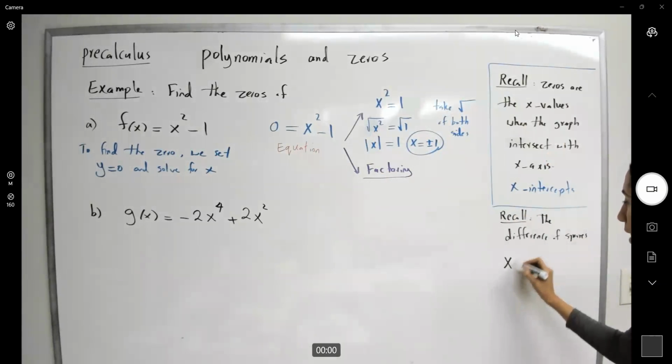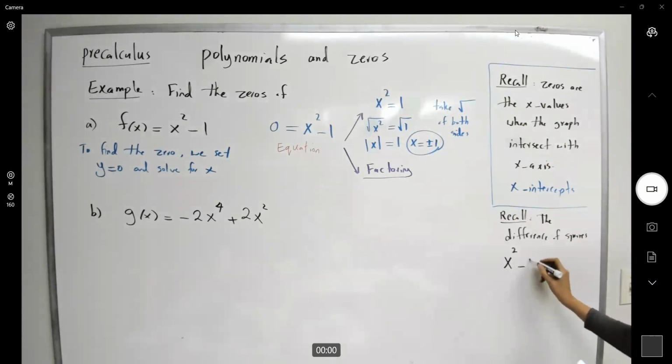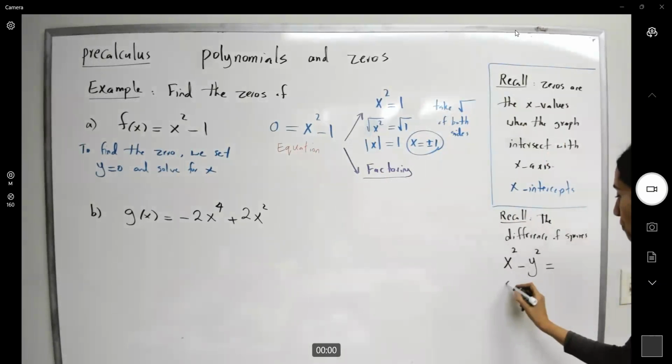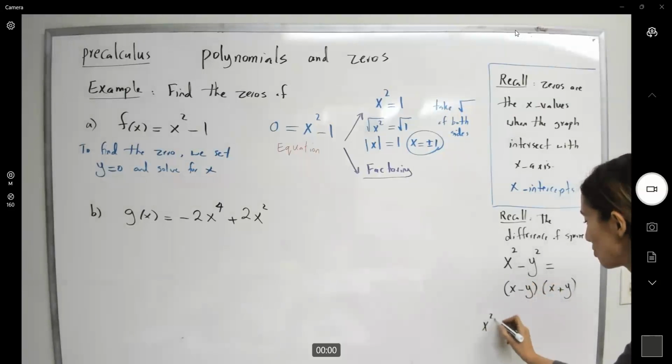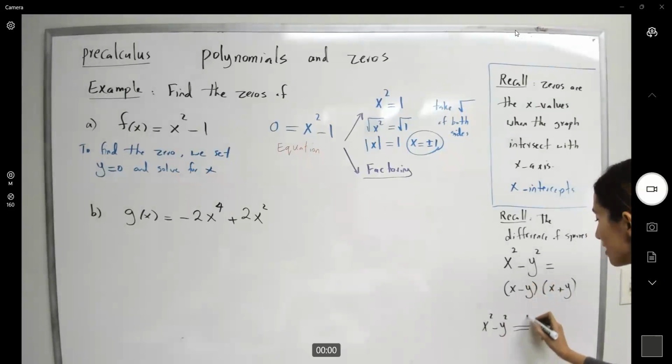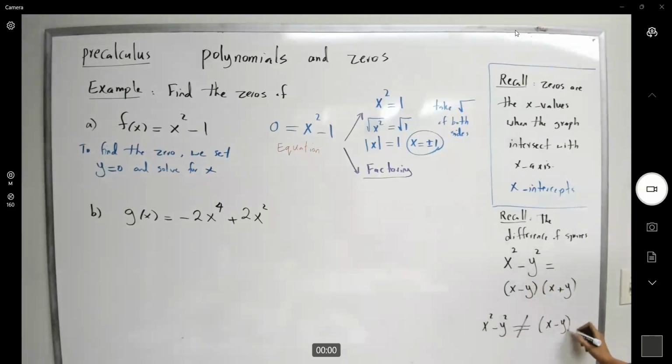If I have x squared minus y squared, this can be written in factored form, x minus y times x plus y. Guys, x squared minus y squared is not the same as x minus y squared.